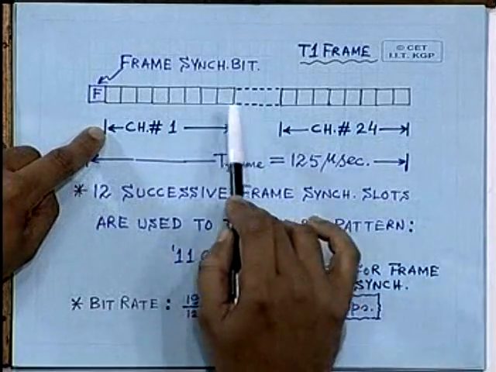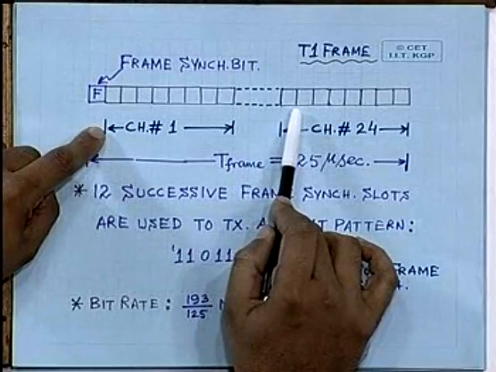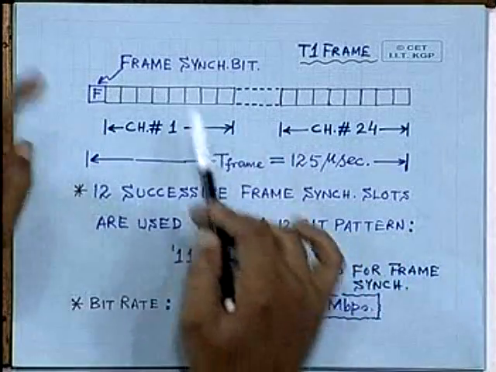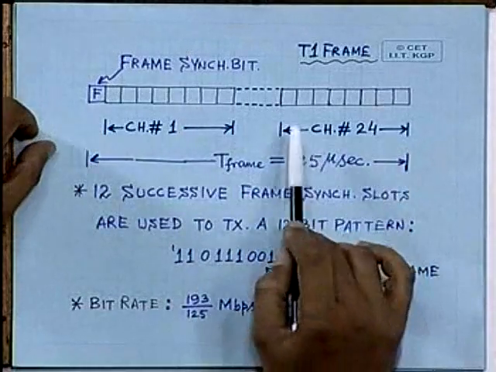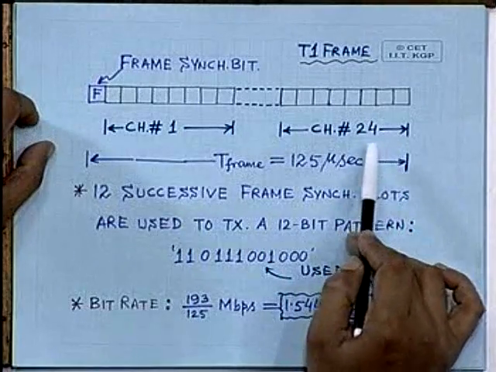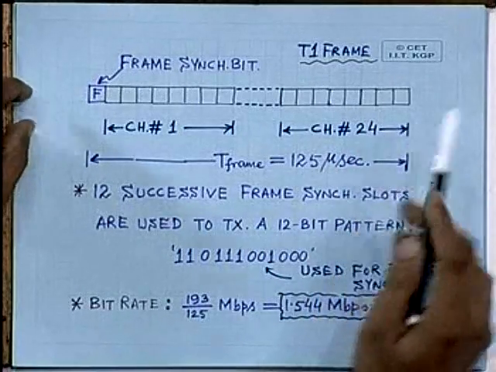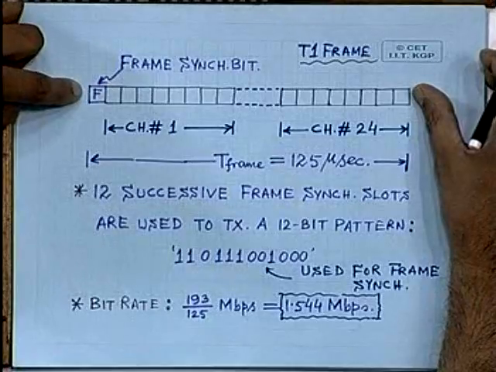Similarly, the next slot of 8 bits will be allocated permanently for channel 2, and like that the last slot of 8 bits will be allocated to channel number 24. So, the first frame will consist of the first samples from each user, following the frame overhead bit F, and the total duration is 125 microseconds.